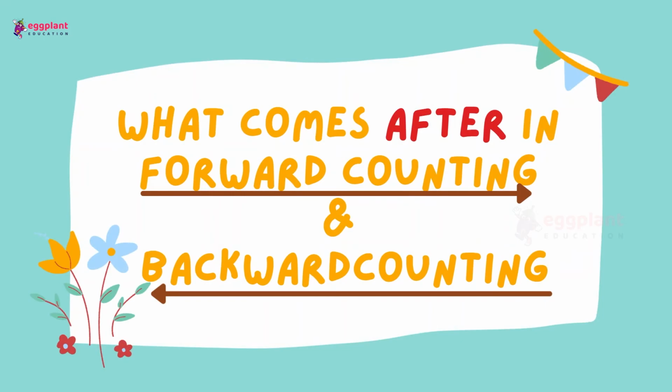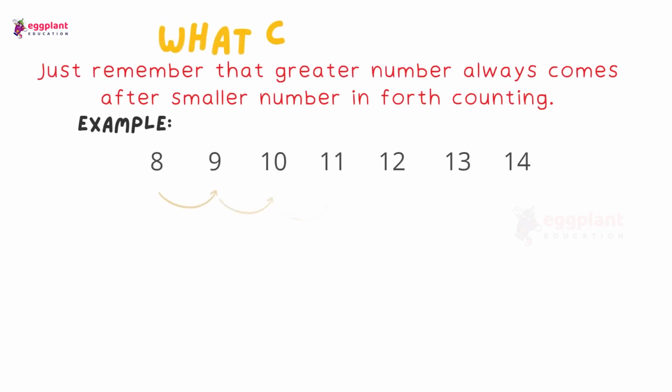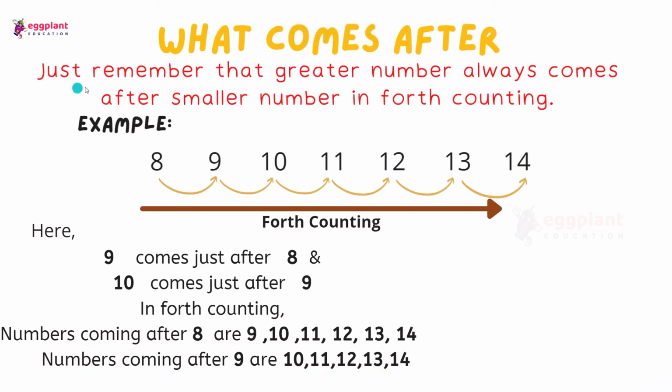We are going to see what comes after in both forward and backward counting. Just remember that a greater number always comes after a smaller number in forward counting. By looking at the direction of the arrow mark, you can find it is forward counting, because it is going from a smaller number to a greater number.